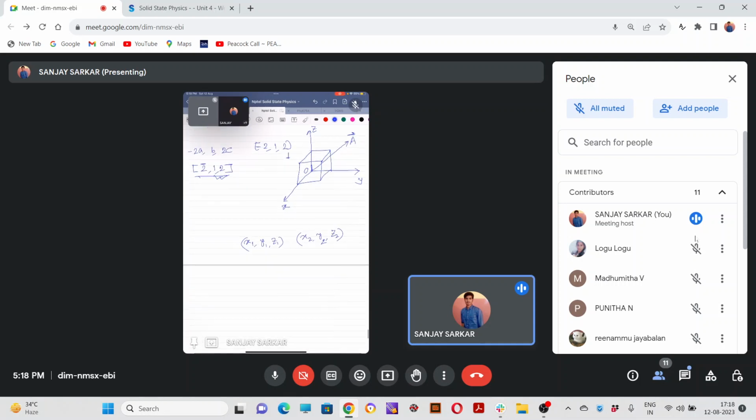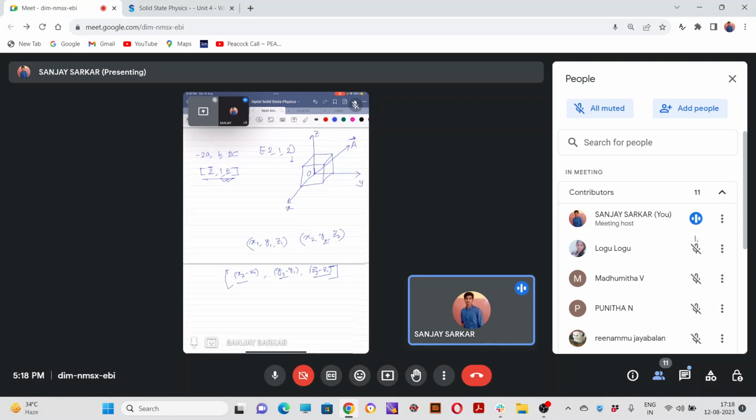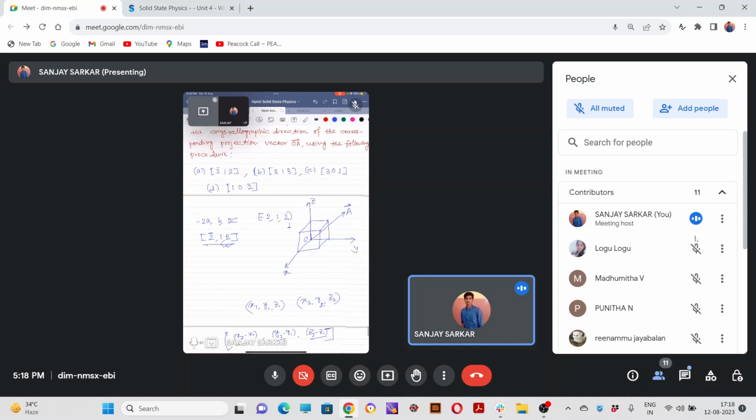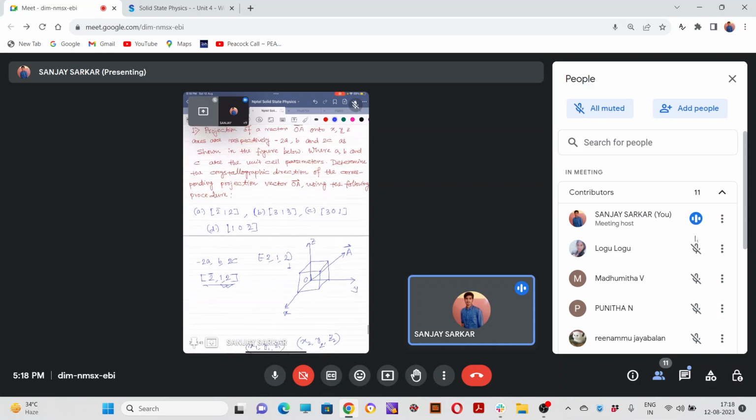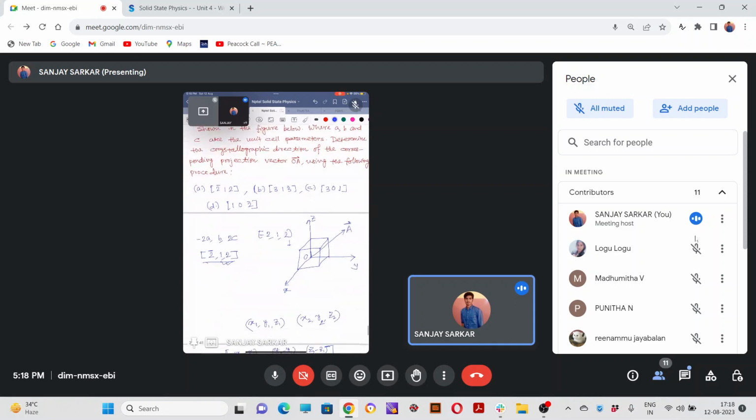You can calculate directly: x2 minus x1, y2 minus y1, and z2 minus z1. Then divide them by the greatest common divisor, which for most cases will be 1. These three numbers in square brackets are the directional indices. For this case the projection is already given, so it is easier to calculate.